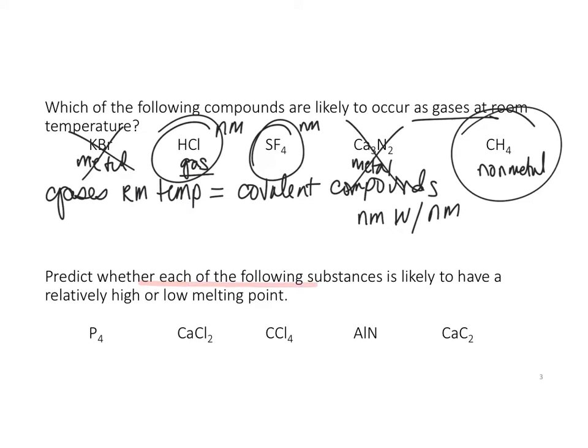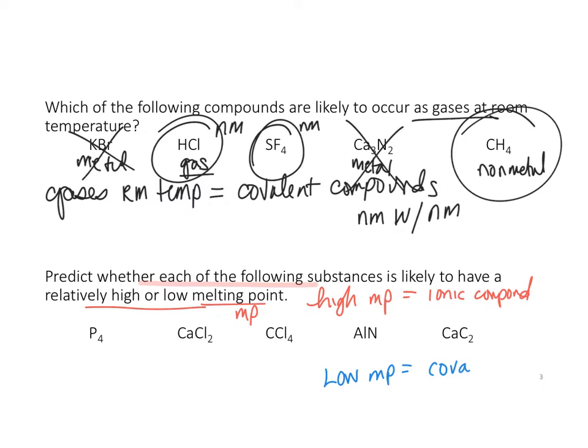Predict whether each of the following substances is likely to have a relatively high or low melting point. Okay, so if you have a high melting point, I'm just going to do MP for melting point, that's going to be an ionic compound. So the low melting points are your covalent compounds.